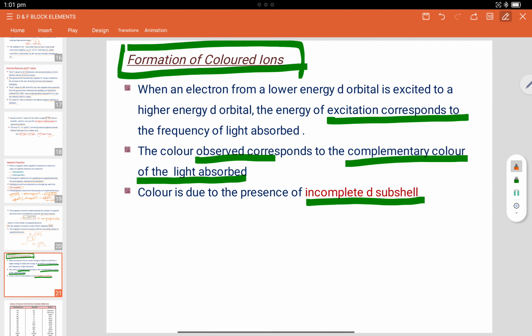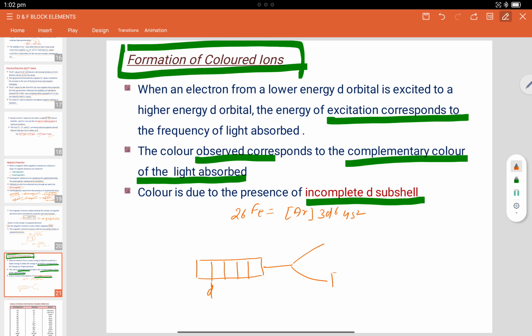So for example, suppose 26 Fe. What is the electronic configuration? Ar 3d6 4s2. So in that case, the d orbitals, 1 2 3 4 5. So this is your d orbital. So what happens in that case?